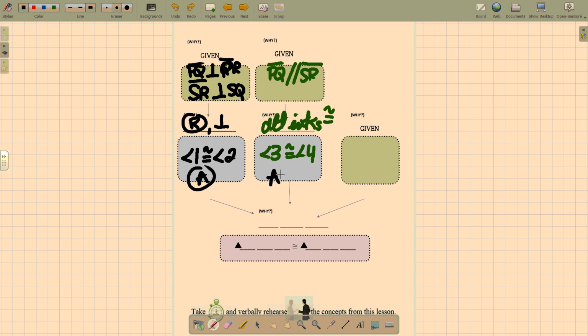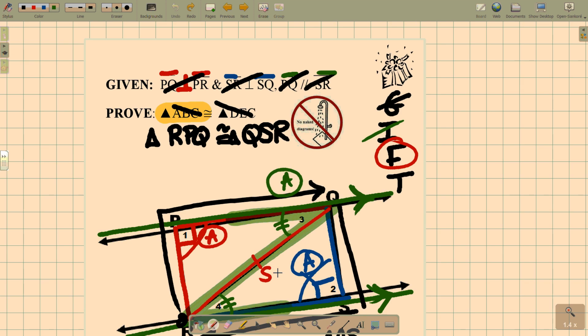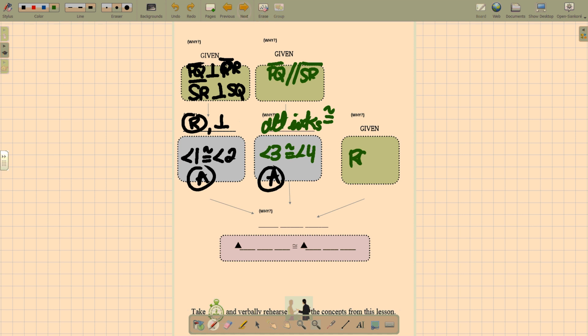Then we had another pair of angles, and the reason why this was freestanding is it's your free side. It is a freebie, which is RQ is congruent to RQ. And that is because of reflexive.